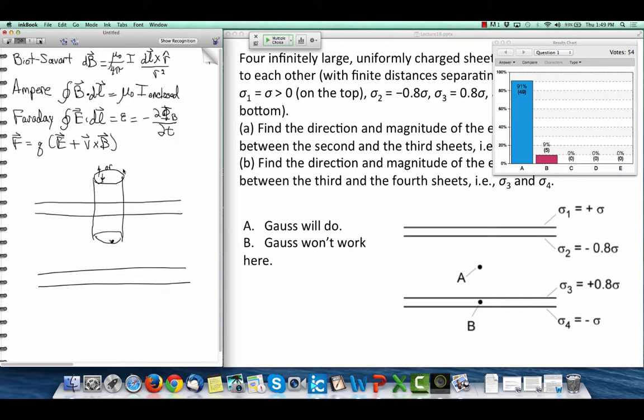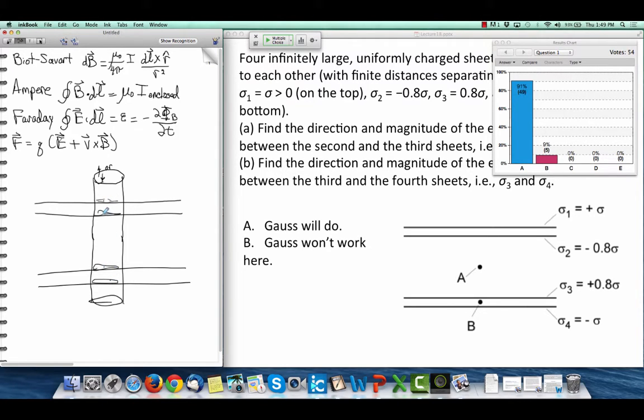I look at these charged sheets and I can say, well, I know something about them. Suppose I make that Gaussian surface the whole distance across all the sheets. These sheets are equal and oppositely charged. So whatever part of the charge is within this Gaussian surface, if there's a positive part up here, there's a negative part down there.